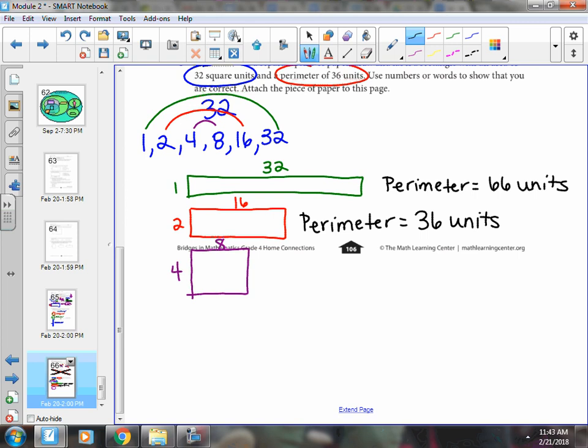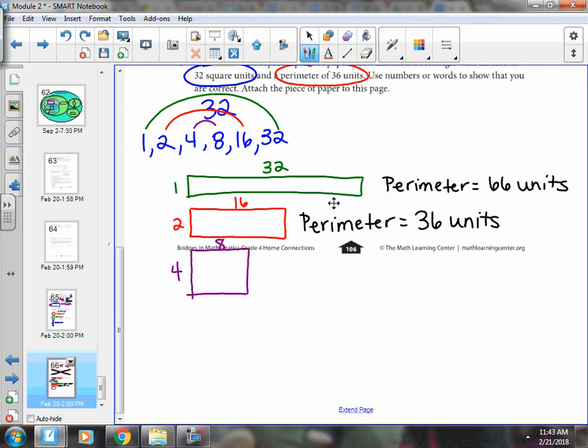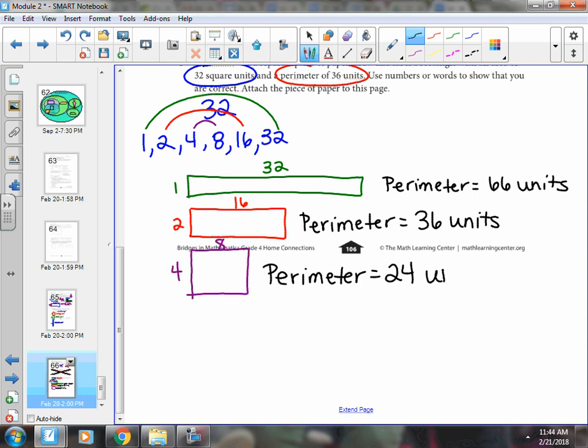Okay. And the last one, if I were to do the perimeter of our last rectangle, 8 plus 4 is 12. Another 8 and another 4 is 12. That has a perimeter of 24. So the only rectangle that would have an area of 32 and a perimeter of 36 is this one.